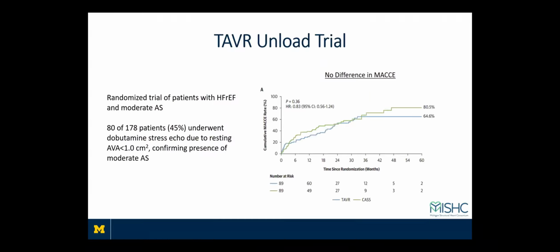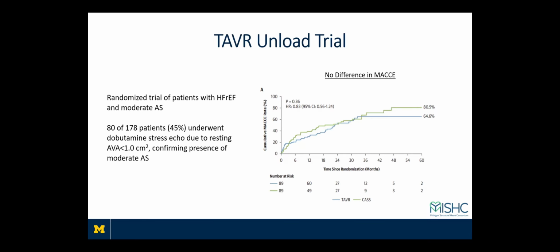Just briefly, what supports this practice of using dobutamine echo? Because some people might argue, do we really need to prove that they have severe AS? They have a low valve area, they have a reduced EF. So the TAVR UNLOAD trial was, as you might recall, a trial that looked at patients that had moderate aortic stenosis and heart failure with a reduced ejection fraction.